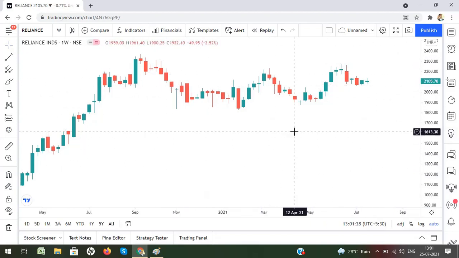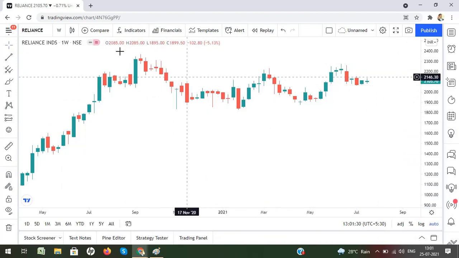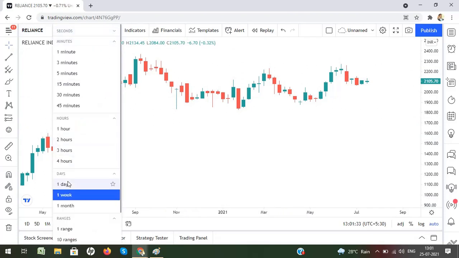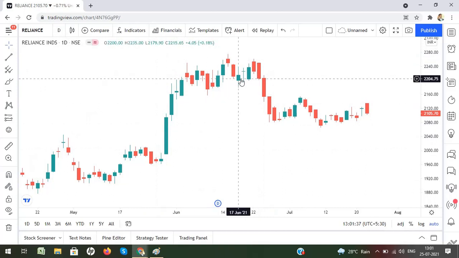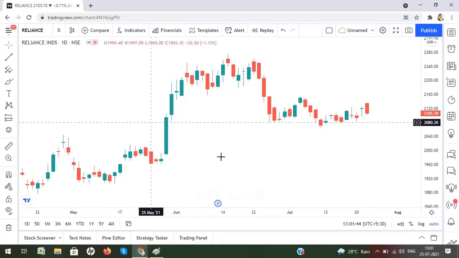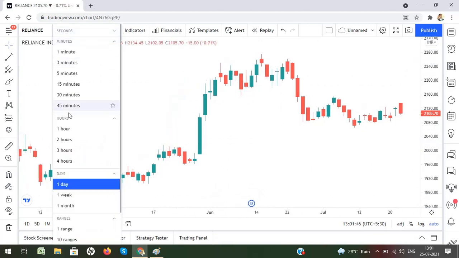It is a simple way of constructing a Japanese candlestick pattern on different time frames, whichever time frame you are looking at. You can see that the chart changes because the price open, high, low and close, which is taken into account, changes. That's why you see this graph is different from the weekly graph.